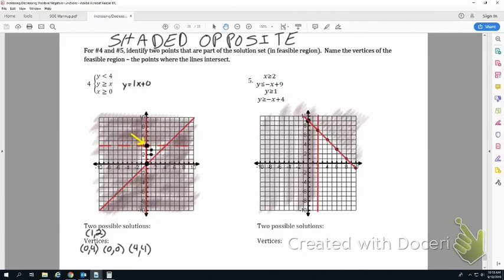Y equals 1. Is that a vertical or horizontal line? Horizontal. If it's greater than, am I going to shade above or below? Below. And then my last line, I've got a y-intercept of 4. Again, I have a slope of -1.